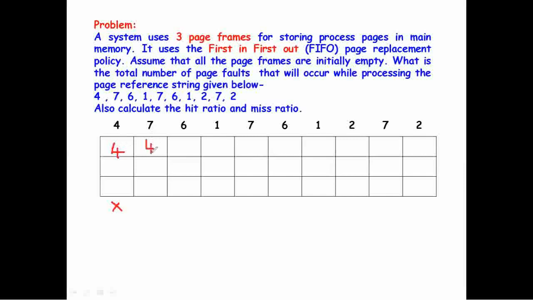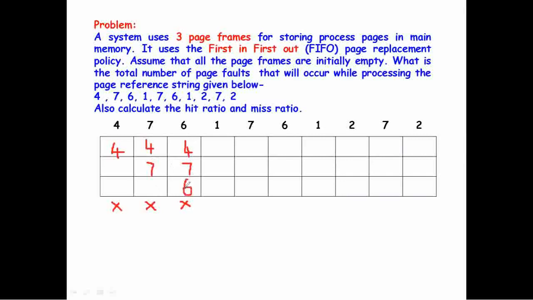Next, 7 has to enter. 7 is not available in the main memory, hence a page fault occurs. Now 7 is brought into the second empty frame. 6 is not available in the main memory, so a page fault occurs.